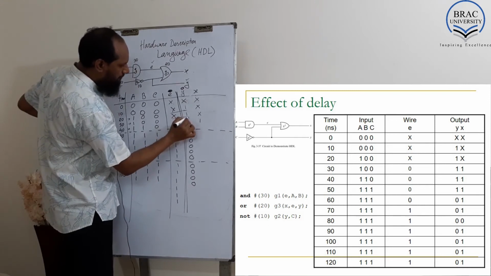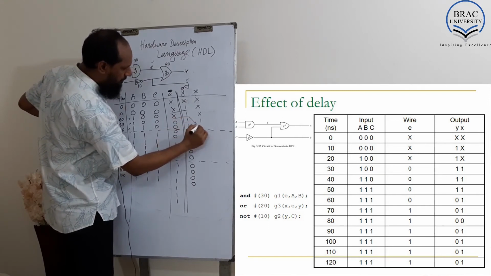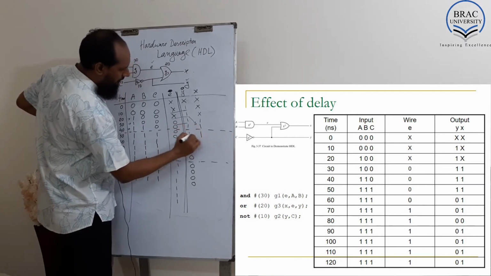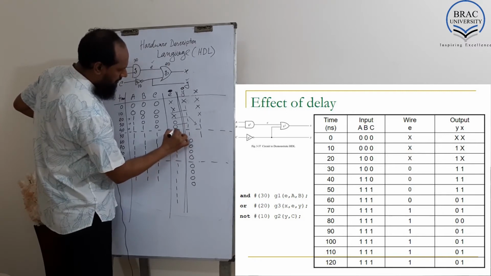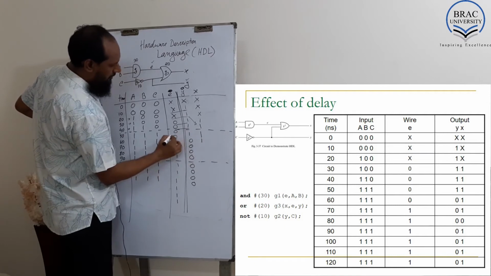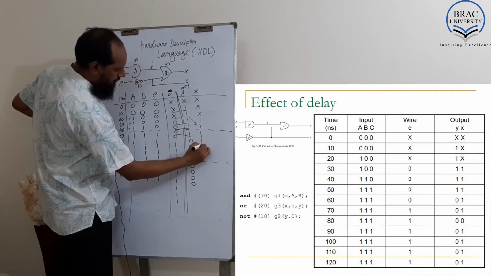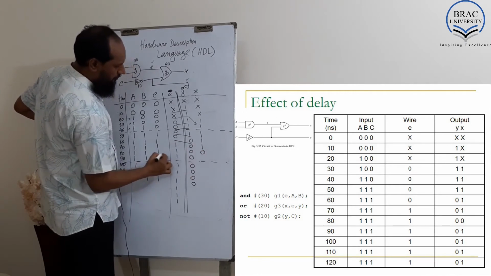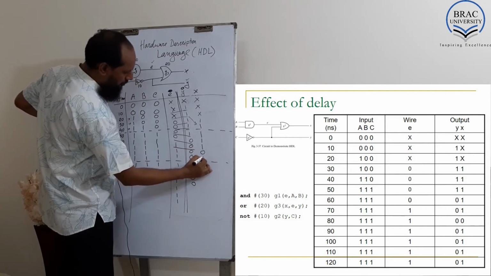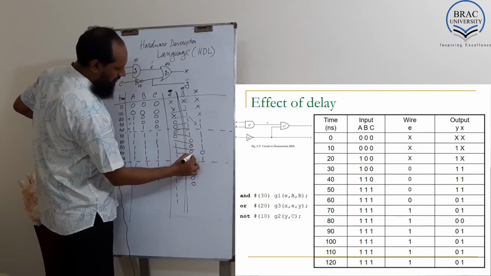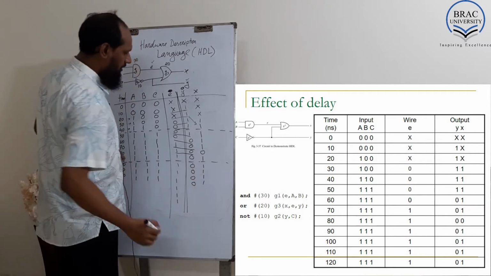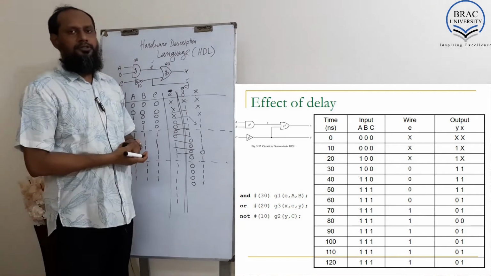In the same way, we will get 1, 1, 1, 1, then 0, then 1. Then all are the same: 1, 1, 1, 1, and will be continued till we have the input.